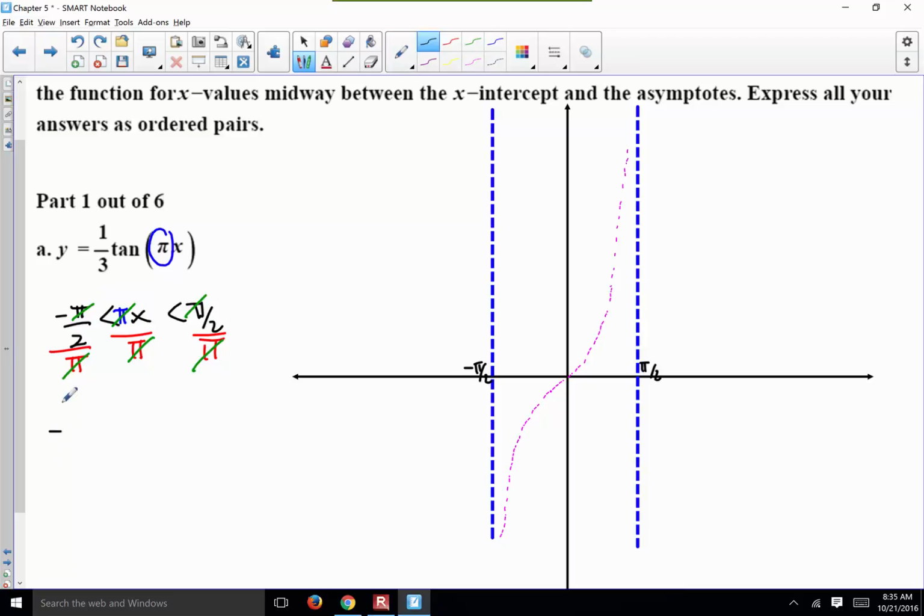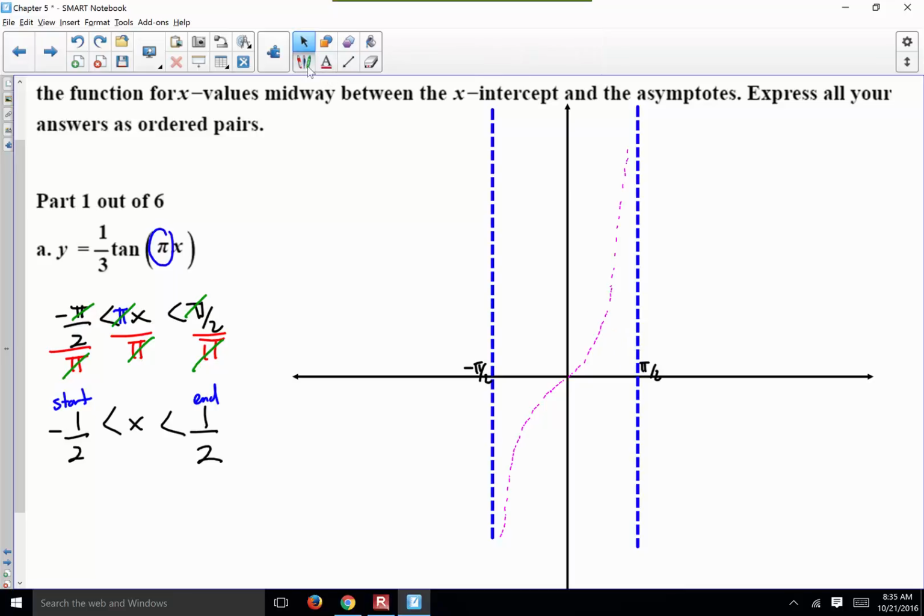So we have minus 1 over 2 on the left. And this is positive 1 over 2. Okay, now please answer this. With these new start and end values, this is start, this is end. Where do you think these blue lines are going to move?